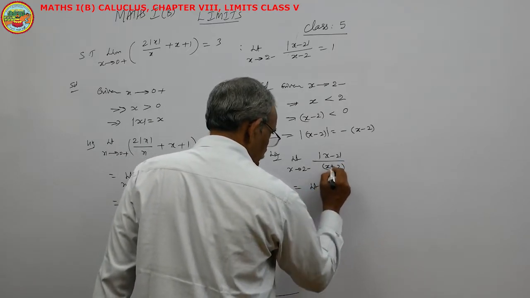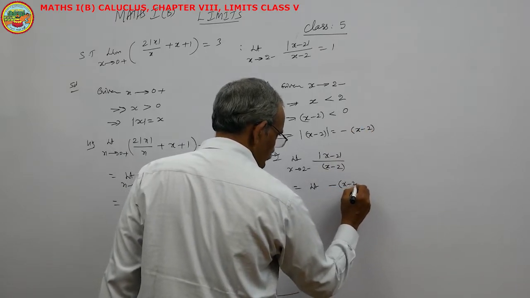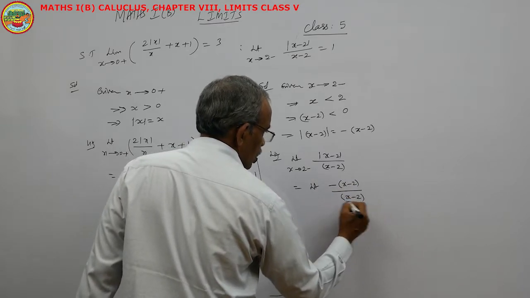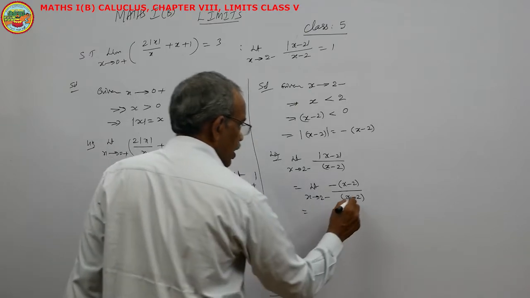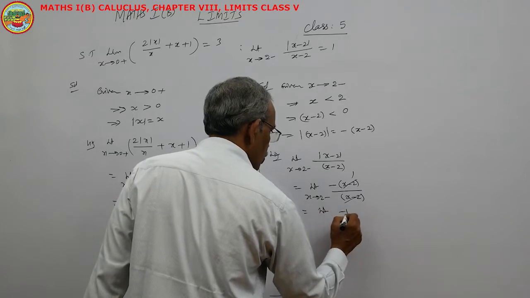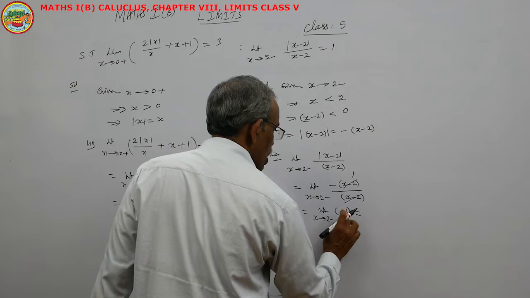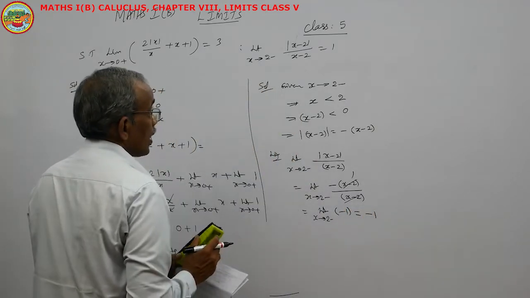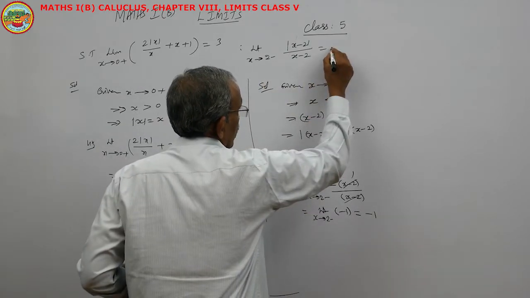This can be written as minus of x minus 2 by x minus 2 as x tends to 2 minus. The x minus 2 cancels, and we get the limit of minus 1 as x tends to 2 minus. Minus 1 is a constant, so it is equal to minus 1. So here, as x tends to 2 minus, the value is minus 1.